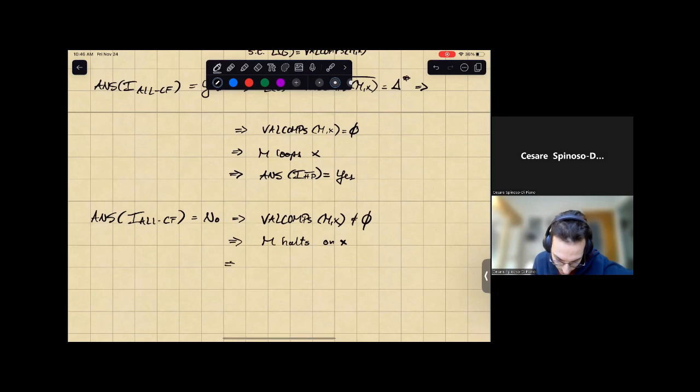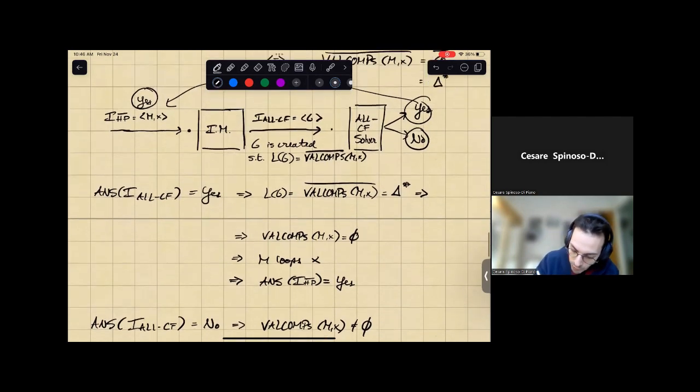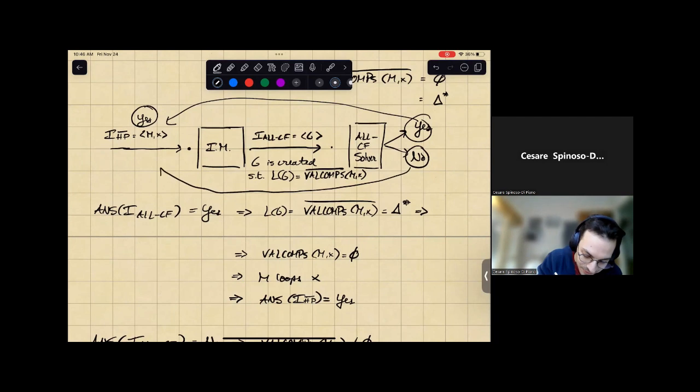And so then the answer to the instance of the not halting problem is no, because M does not loop on X, meaning that it halts on X. Okay. And so this is why we've gone through this rigmarole, as some would say, where we're defining valid computation histories and the language of valid computation histories, because that allows us to define the complement.